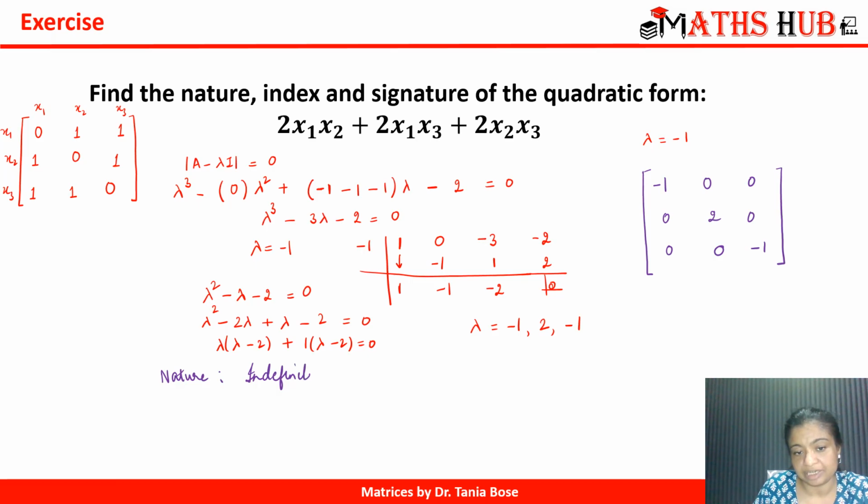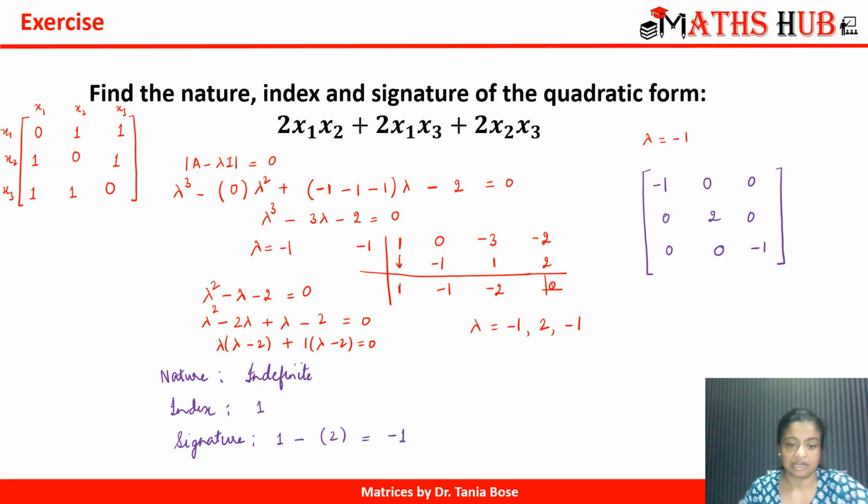It is indefinite, isn't it? Now, what is the index? How many positive eigenvalues are we getting? 1. So the index is equal to 1. And what is the signature? The signature is the number of positive minus the number of negative terms. So the number of positive terms is 1, the number of negative terms is 2. So my answer is, signature is minus 1.